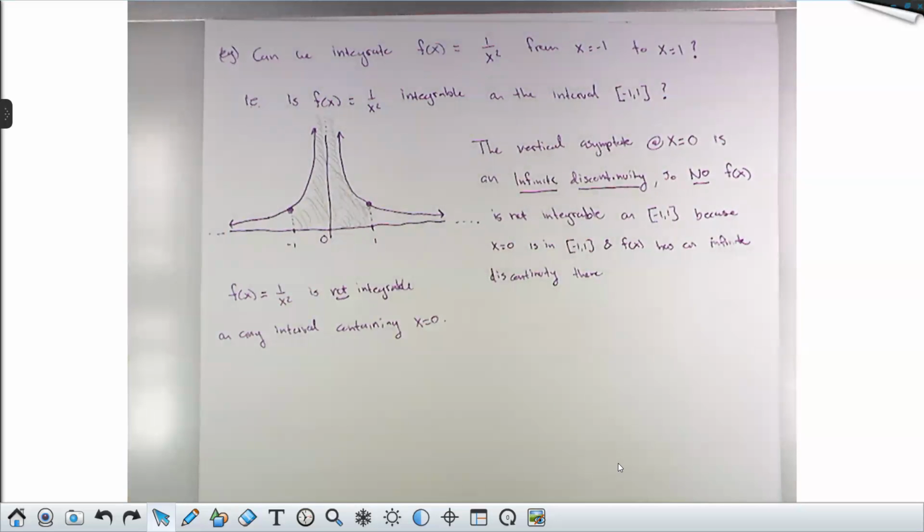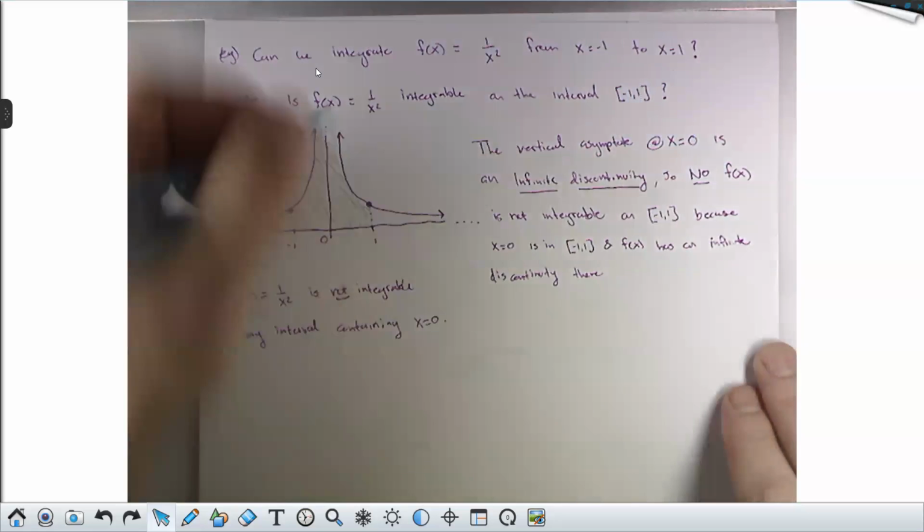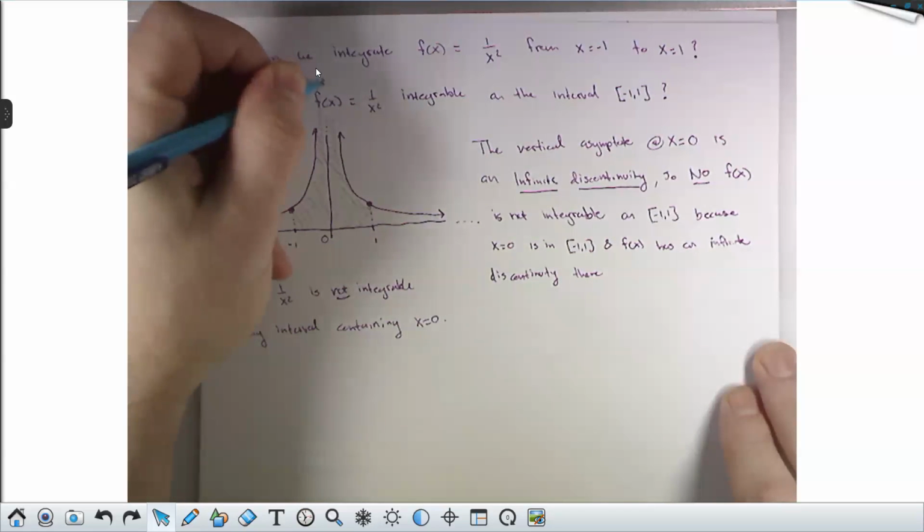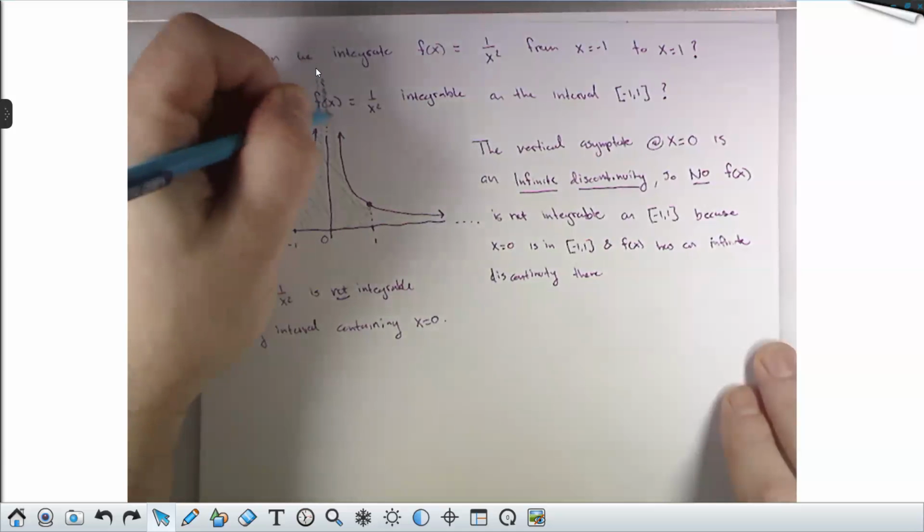So if you asked me the same question, but replaced the left endpoint here with 0, the answer would still be no. If you had any interval here that contains the number 0, this function is not integrable on that interval. The problem is the infinite height, right? The truth is that no matter how I draw this, I'm not going to be able to capture it all because this height goes up and up and up forever, right?